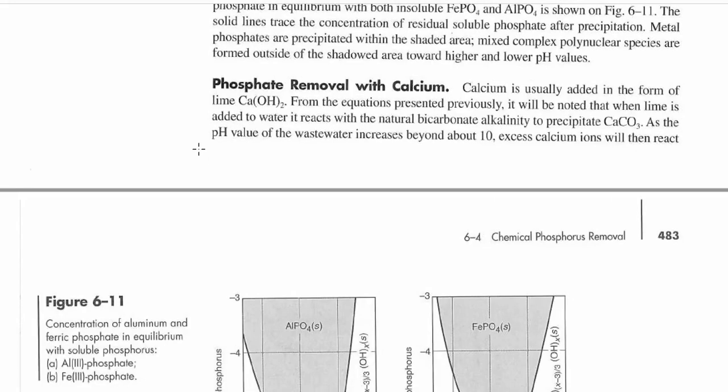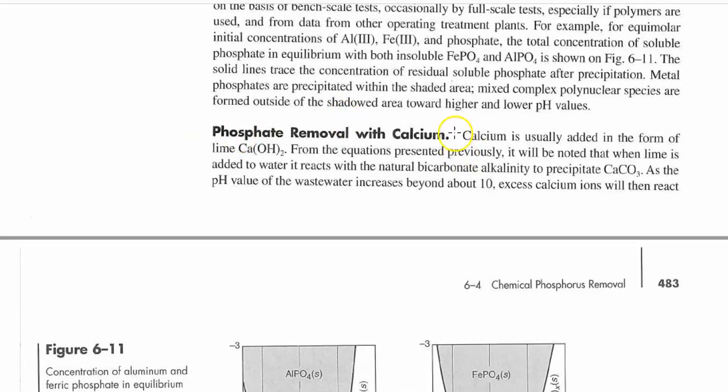I also mentioned that phosphate can be removed with calcium, and some plants do it. It used to be much more popular. It could perhaps come back. And the reason is, even though it's a bit more expensive and does have some other problems, you end up with calcium phosphate, which is a much nicer form of phosphate if you want to recycle it into fertilizers.